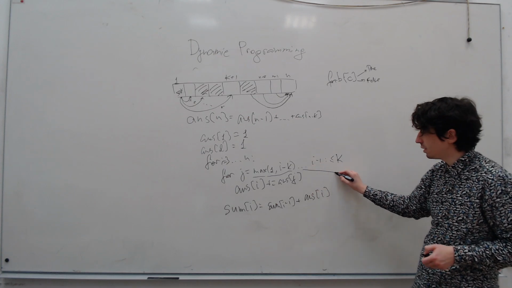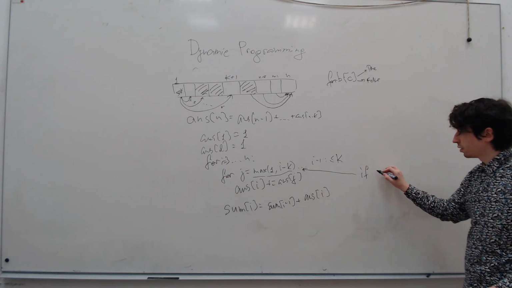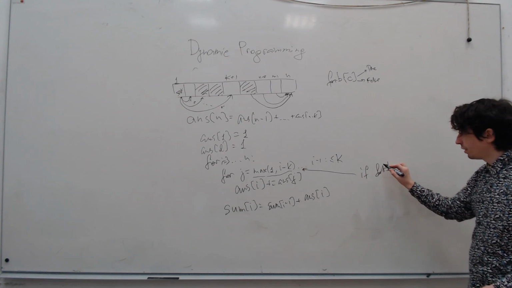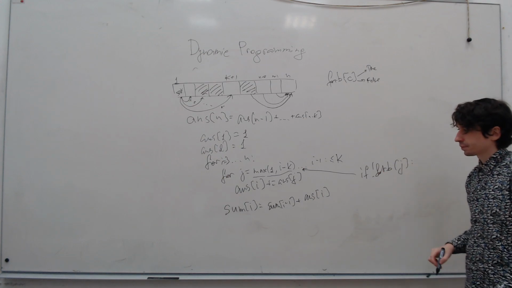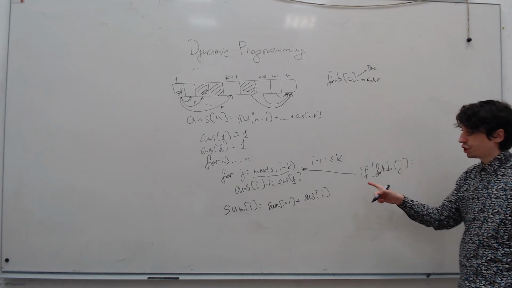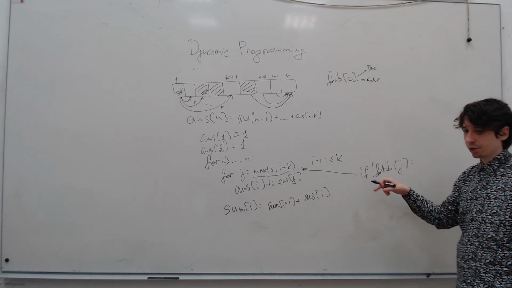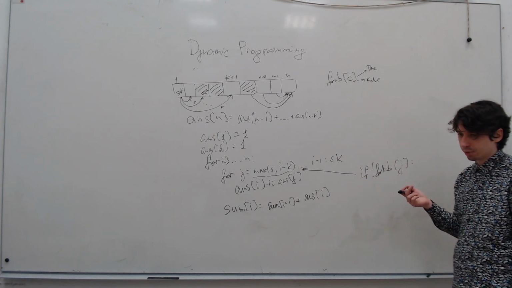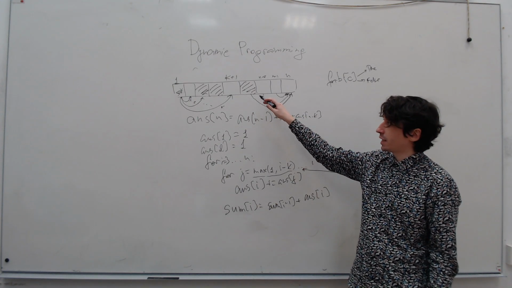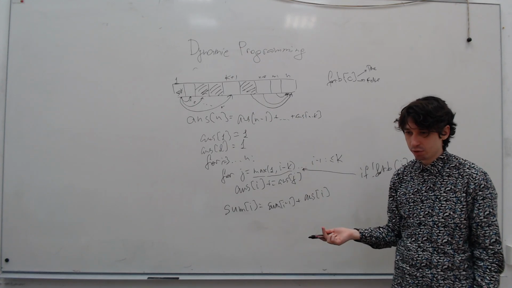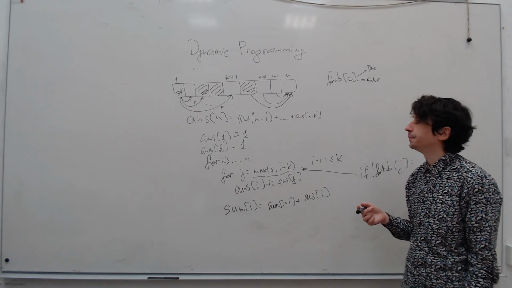Okay, so you simply can do here: if j is not forbidden, then we can jump from it. Otherwise, this answer will be 0. The number of ways to pass through the forbidden cell is 0, because you cannot stand in a forbidden cell.